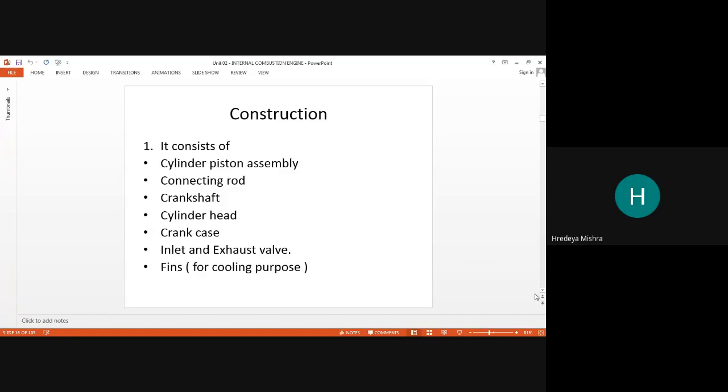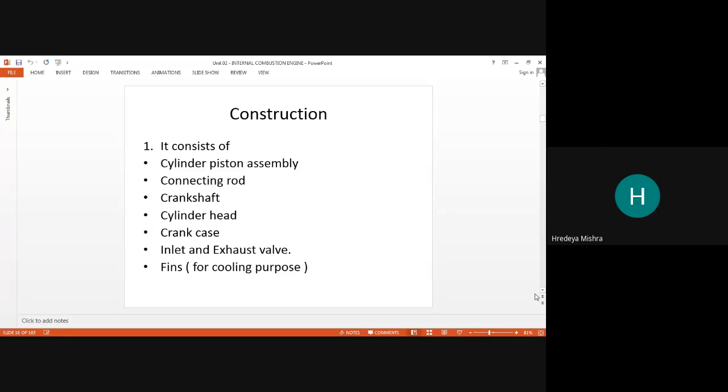If there is a question asking the basic difference between the four-stroke petrol engine and the four-stroke diesel engine, the first difference is that in the petrol engine, a spark plug is there. In the diesel engine, a nozzle is there.